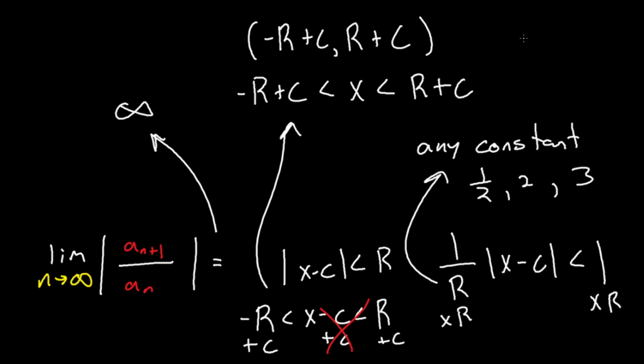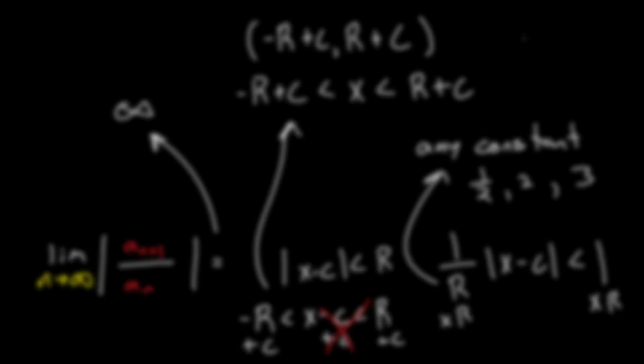So now, knowing this, let's go ahead and do some problems to actually apply what we learned. First things first, let's find the radius of convergence for this problem here. We need to find the limit as n approaches infinity of a of n plus 1 over a of n.